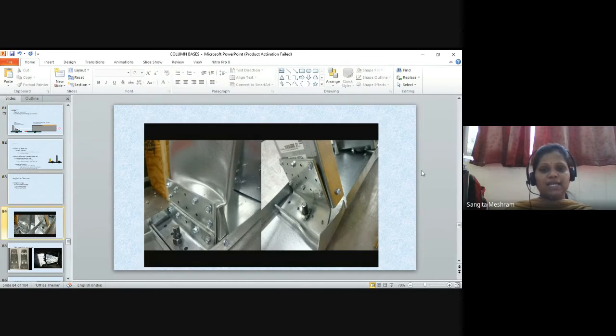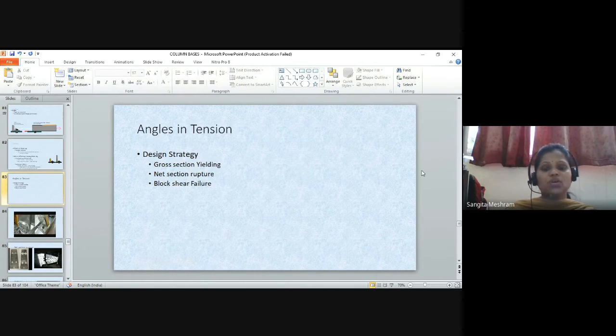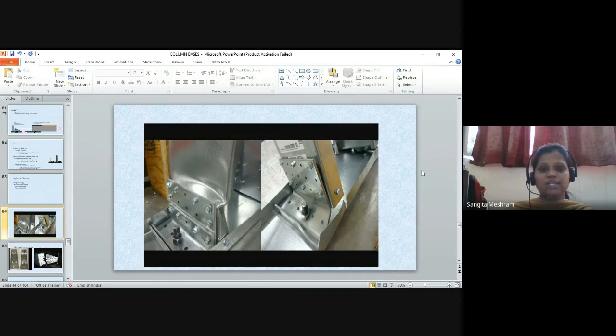Let us see them. First is gross section yielding. That means the tension member has deformation in the cross section, that is, the cross section changes. You can see in this figure that the cross section of the member changes due to the loading condition or any variation in stresses, temperature, pressure, or environmental effect.